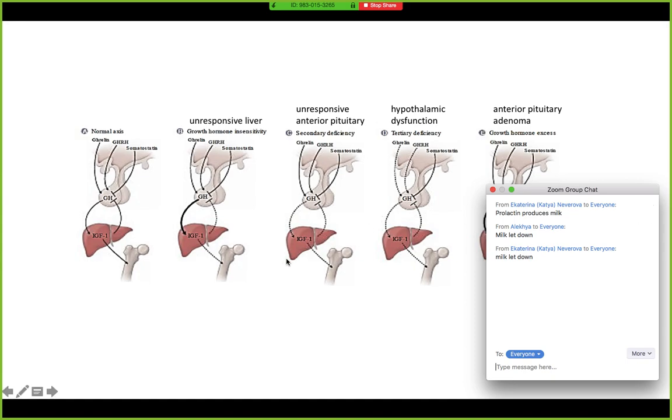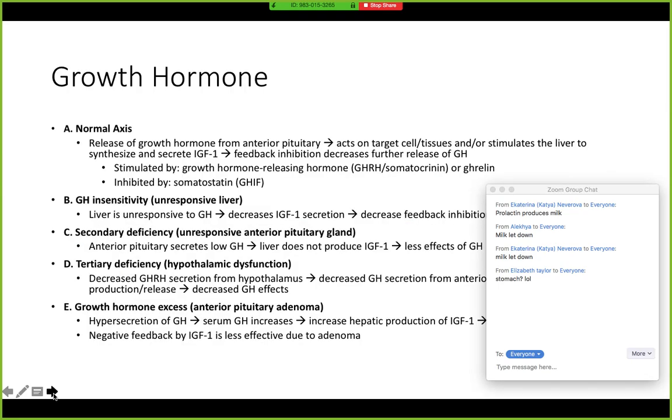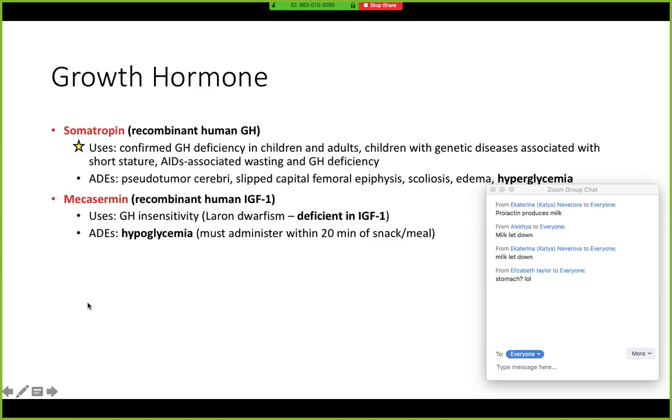Anybody? So ghrelin is right, yeah. It's released from the stomach. Good.